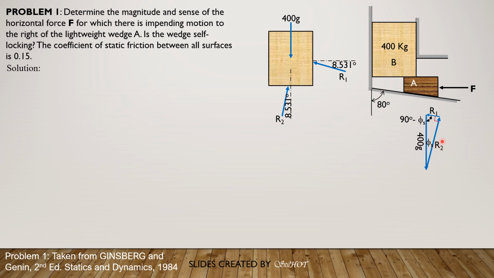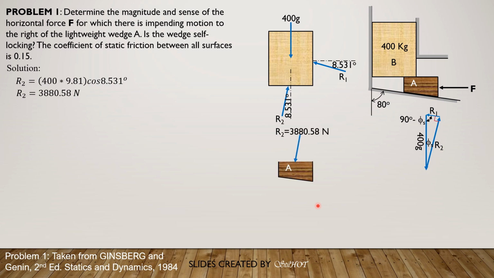So R2 is the hypotenuse, 400 times 9.81 times cosine of phi_s. So R2 is 400 times 9.81 times cosine of 8.531 degrees. Therefore, R2 is equal to 3880.59 newtons. Now we transmit that reaction R2 over the top of this lightweight wedge, or weightless wedge.